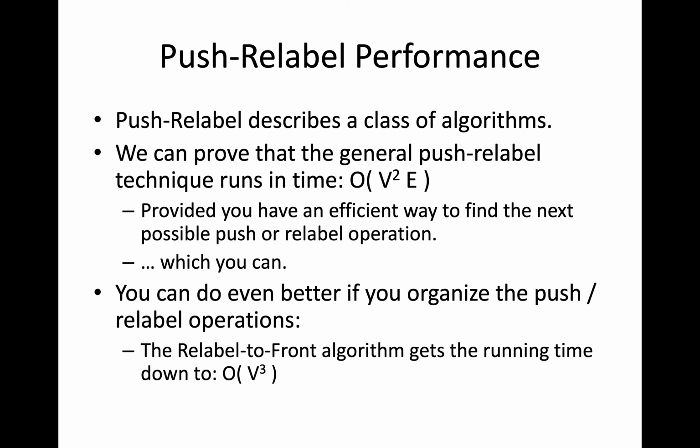Relabel to front runs in time O of V cubed, and that's much better than the V to the 5th we started with. I didn't put relabel to front in the slides. It's described in your book. It's a type of push relabel algorithm that just puts additional constraints on the order that you do these operations.